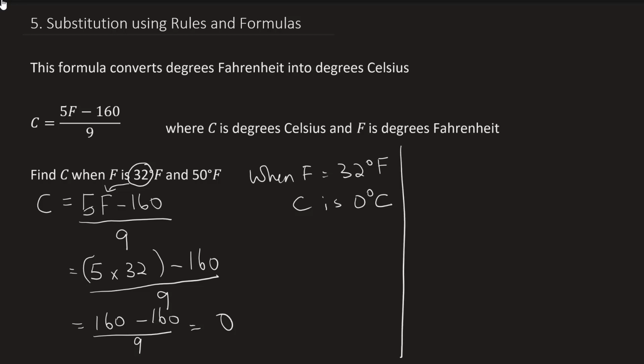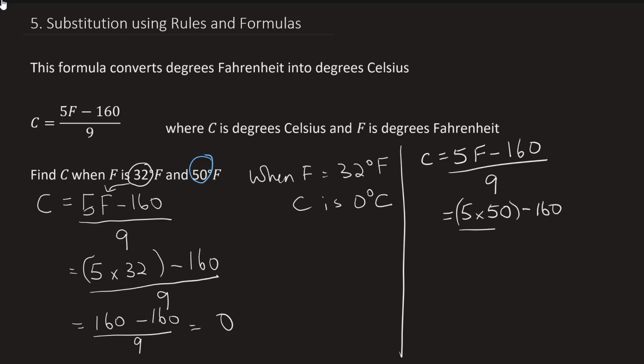Let's look at the second one. C is equal to 5F minus 160 over 9. Now when F is 50, this is 5 times 50, brackets, minus 160 over 9.